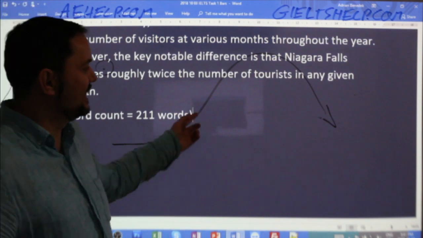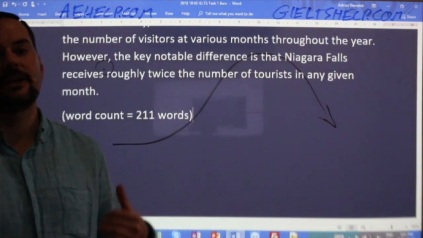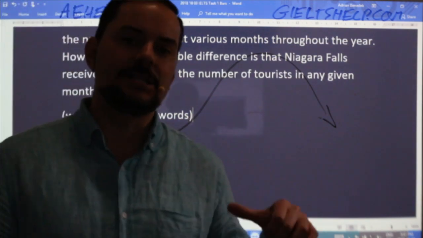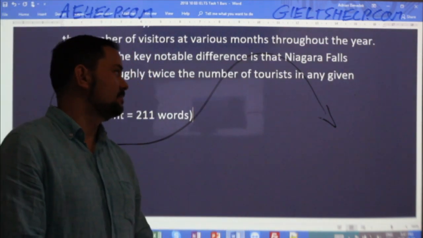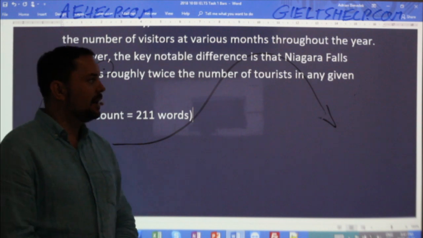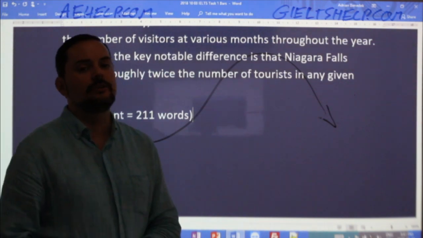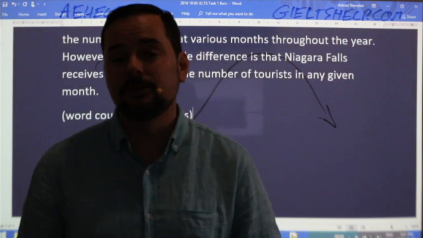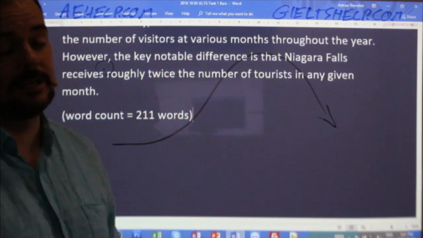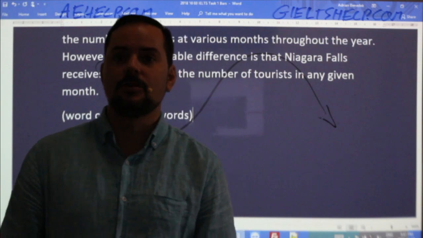I would have probably done that in 10 minutes. Okay, so if I can do 211 words like this in 10 minutes, yes, I've been teaching IELTS, yes, this is my profession and so on. But a student who's looking for university, who's practicing for IELTS, practicing their English, should be able to do something quite similar in 20 minutes, okay?